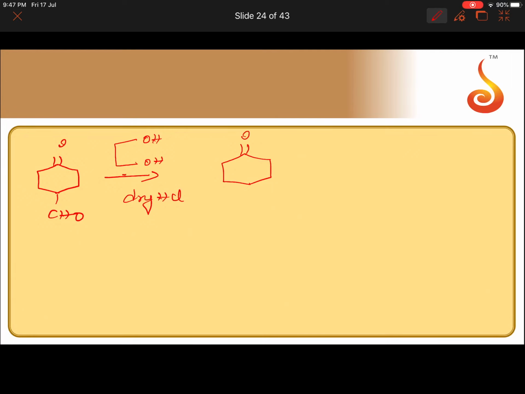The aldehyde, being more reactive, reacts with glycol to form a cyclic acetal. Now this compound is treated with Grignard's reagent.